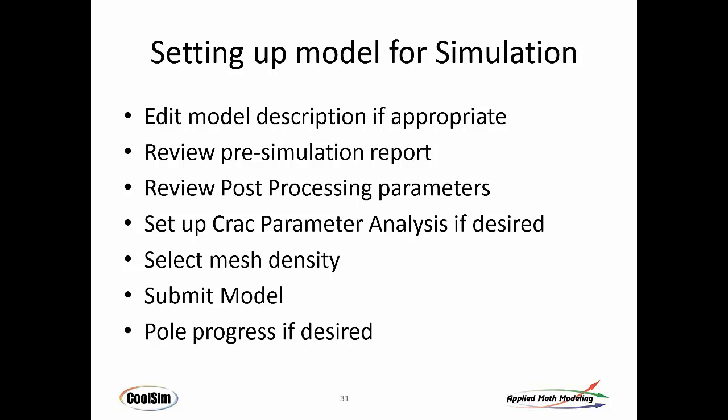But I often forget what assumptions I made in the model if I don't make some notes. And oftentimes we use file names to try to remember what we did, what assumptions we made, and I find that actually using model description is better than trying to use the file name to annotate what it is you've done to the model. So model description is something I will show you.